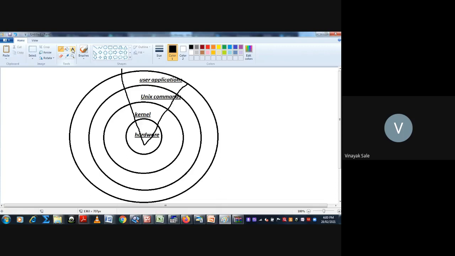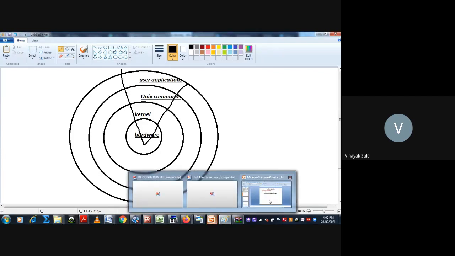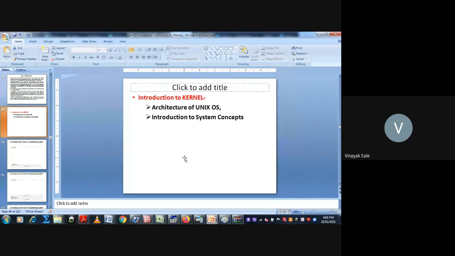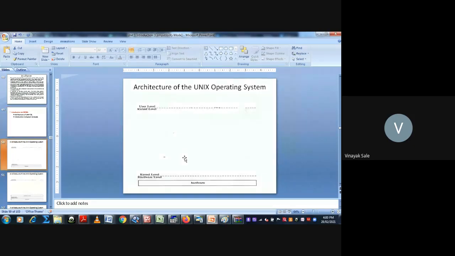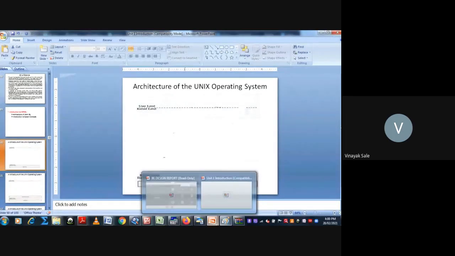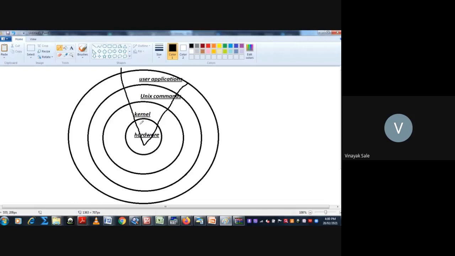So it will look like this. So there are two modes, three parts: user part, kernel part, and hardware part.